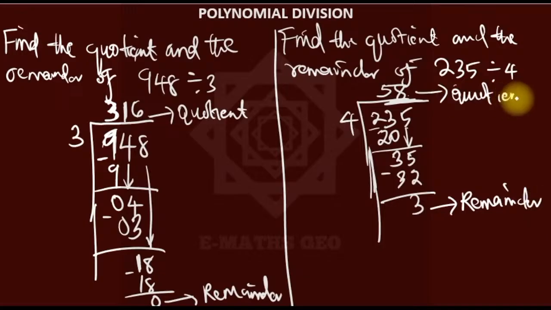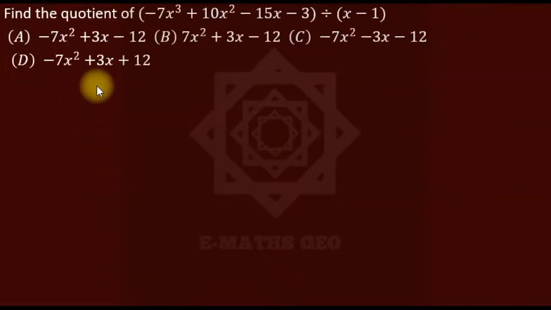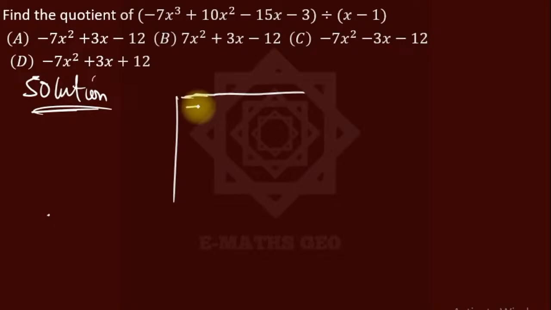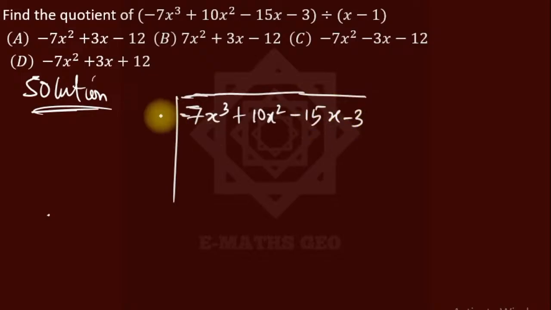So with that knowledge, let's do the division of polynomials. So look at it, we have to find the quotient of this. So write the solution. I write the dividend, which is minus 7x cubed plus 10x squared minus 15x minus 3, with the divisor x minus 1.